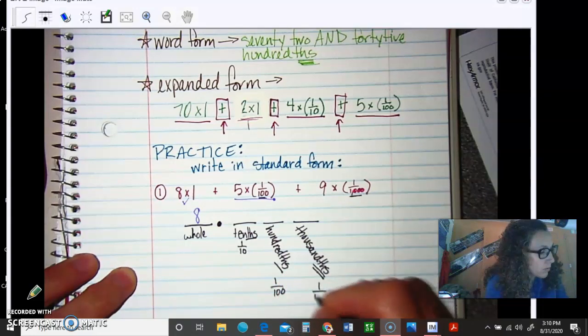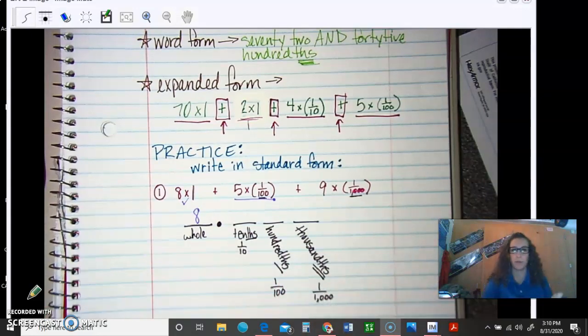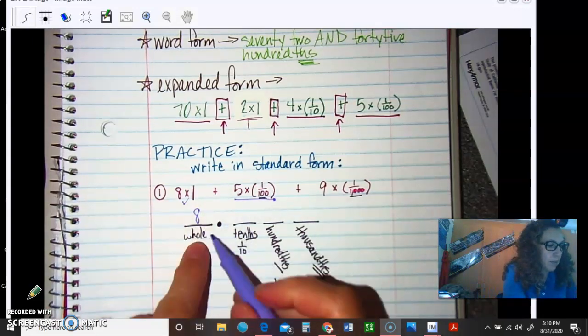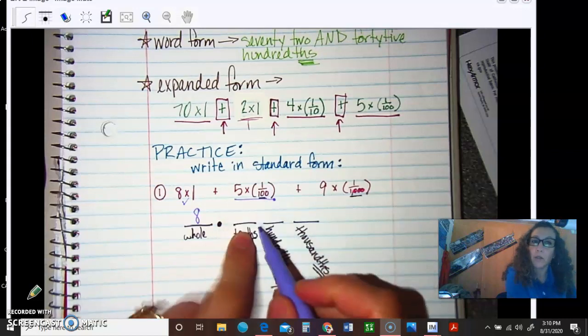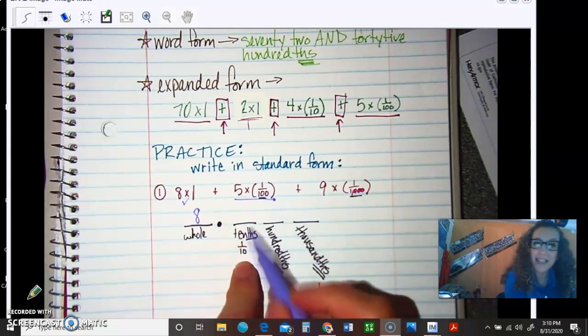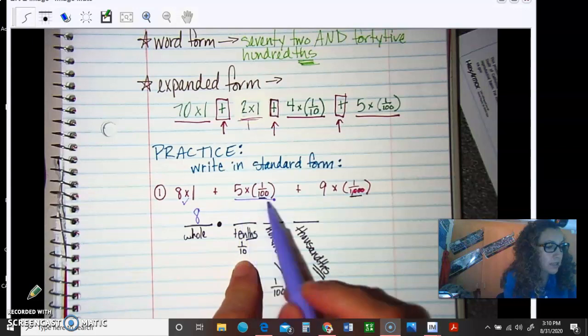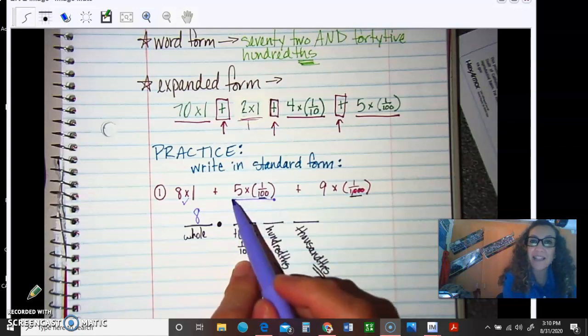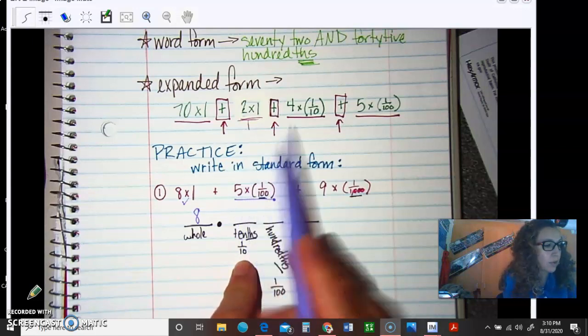which is also that. Okay, so let's go back to this and go, okay, well, I have my 8. Now my next number goes here, right? No. This is the tenths position. There is not something that we're dealing with that has tenths in it. Look at our example.